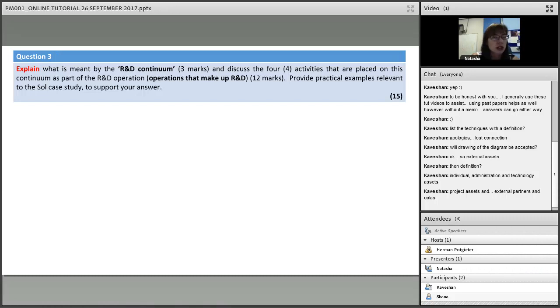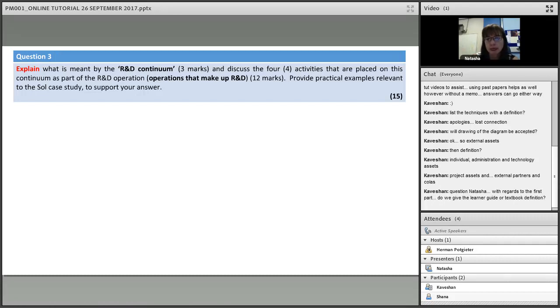You don't have to have all your ducks in a row at this particular point in time, but it's for us to get a proper understanding of what you know and how you will approach questions like this. So the question is, explain what is meant by the R&D continuum for 3 marks, and you need to discuss the 4 activities that are placed on this continuum as part of the R&D operations.